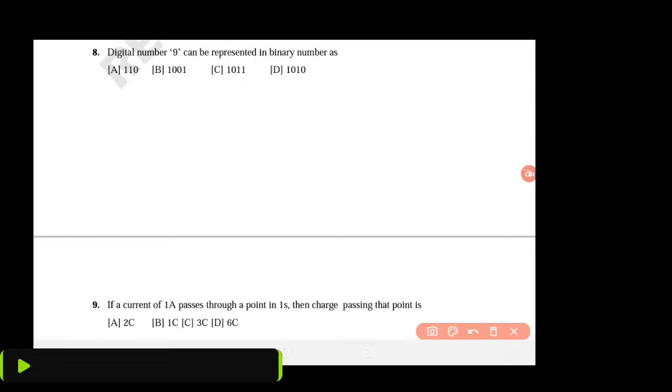Even above 15 also has a formula. What is the formula? We have a code that we call the 8421 code. And what does this mean? We are looking for the binary number of 9. Which of these digits of the code 8421 will give us 9?